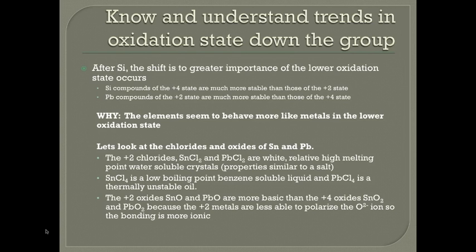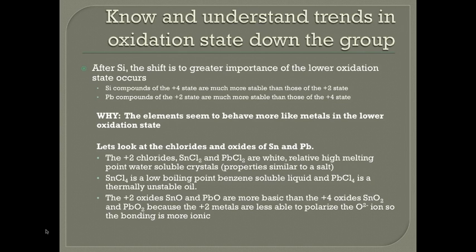The +2 chlorides of tin and lead are white. They have relatively high melting points, they're water soluble, and they have properties similar to a salt. Tin chloride 4 is a low boiling point benzene soluble liquid, and PbCl4 is a thermally unstable oil. So as you see, we've moved down the group and they tend to behave more like metals.